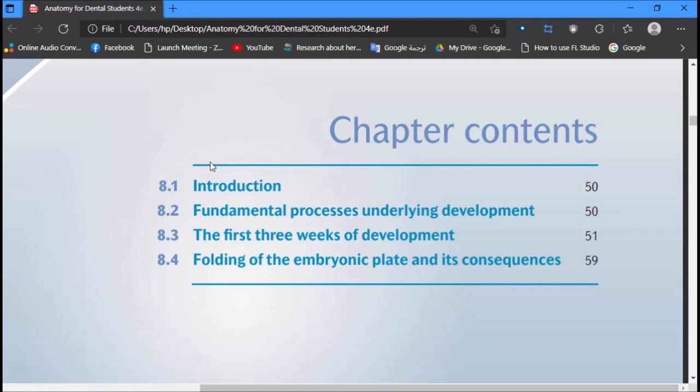It is all about generating the building blocks required to make a human body.